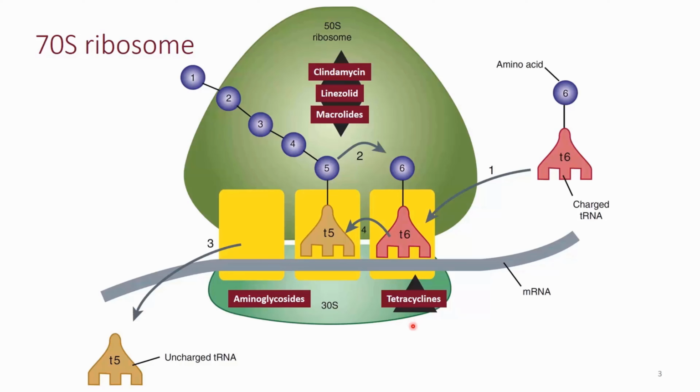Other important antibiotics are tetracyclines and aminoglycosides, which bind to the 30S subunit and also inhibit protein synthesis. So as you can see, aminoglycosides and tetracyclines compete for the same site, which is the 30S, whereas clindamycin, linezolid, and macrolides compete for the same site in the 50S subunit.